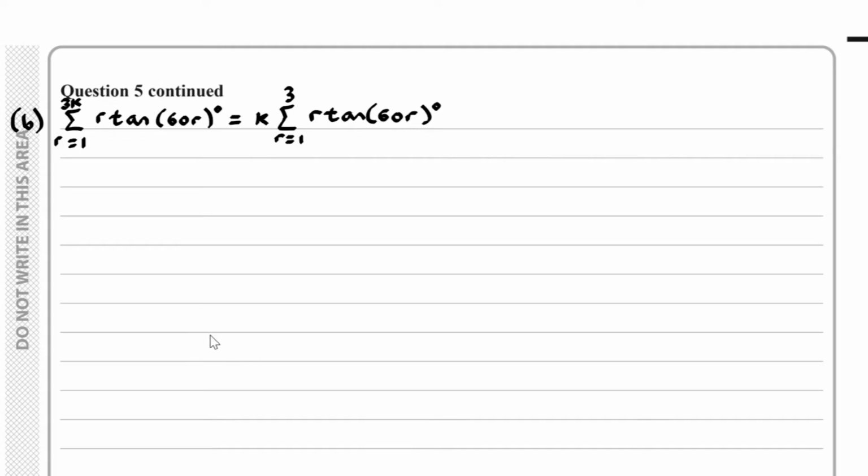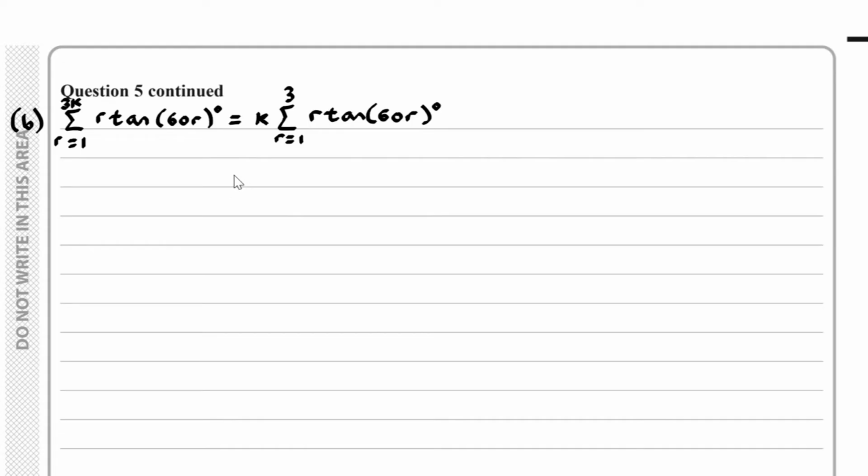So, for part B, we have the sum from r equals 1 to r equals 3k of r times by the tangent of 60r degrees. Well, this is the same as multiplying k by the sum from r equals 1 to r equals 3 of r times by the tangent of 60r degrees.